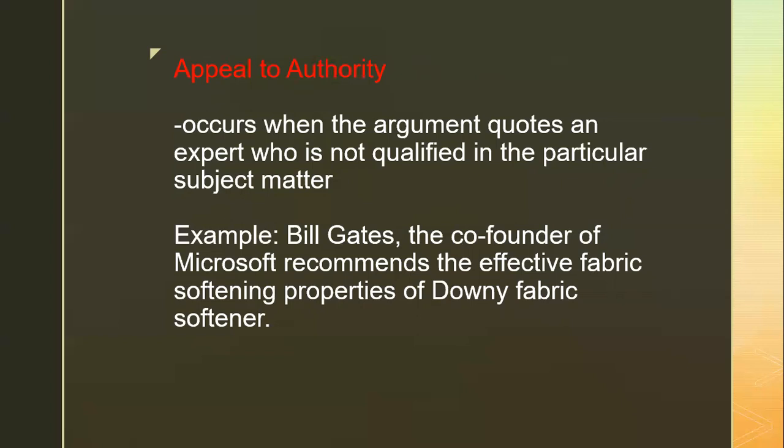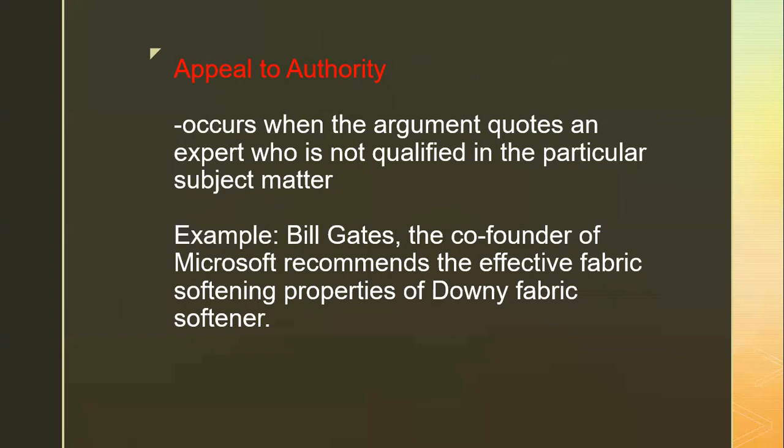Halimbawa, Bill Gates, the co-founder of Microsoft, recommends the effective fabric softening properties of Downy fabric softener. So it's unlikely that Bill Gates will be the face of a fabric softener because he is not an expert in this field.